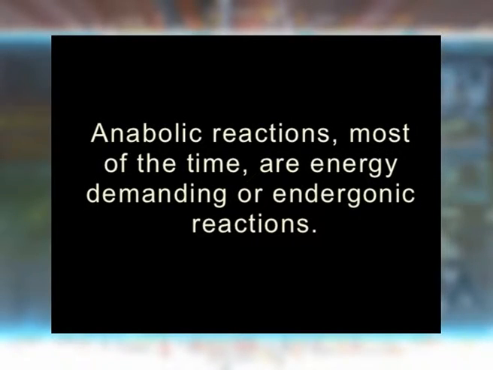Whereas the reactions that build up multimeric molecules, large molecules like proteins, nucleic acids or polysaccharides from their monomeric units are considered as anabolic reactions, and these anabolic reactions most of the time are energy demanding or endergonic reactions.